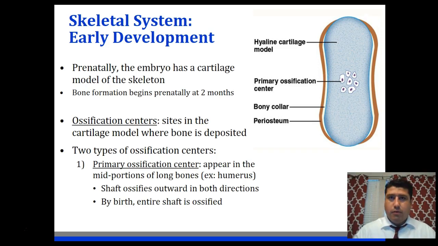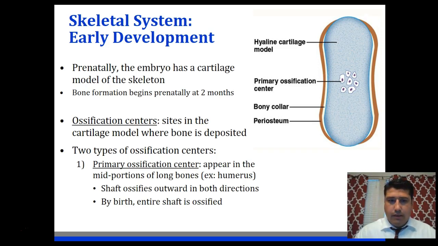So we start to form bone before we're born, but even after we're born, there are still several years, up into our 20s and perhaps even sometimes our 30s, in which bone is still forming. That means that cartilage is still present in our body. Eventually bone replaces all the cartilage in the body, or at least part of the skeletal model.